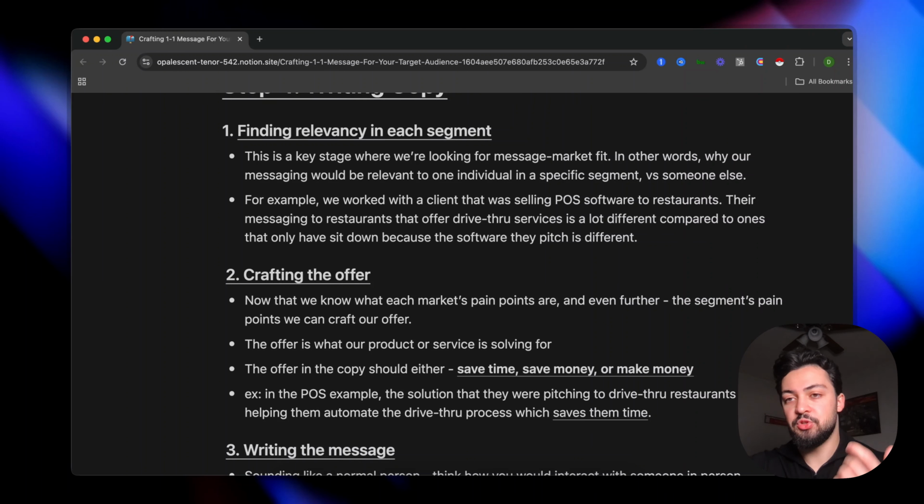Because other software doesn't do that because they're cloud-based, not getting into technicals, but what it does is it automates their process, right? So they don't have to use multiple different vendors. They can actually use that one POS both for their drive-through and sit down, and it saves them time and efficiency. So that's the spiel, right? That's why we have that messaging for one segment versus the other.